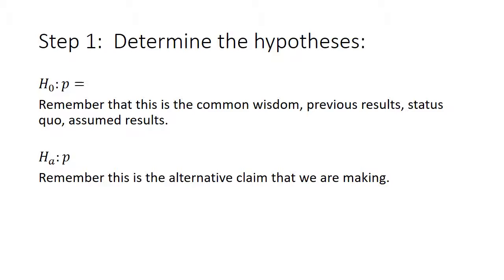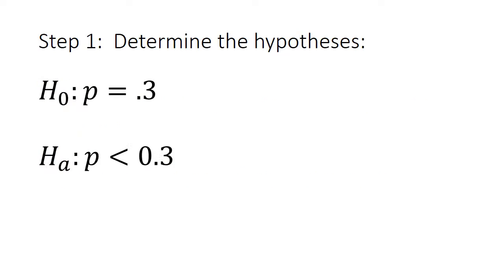That's what's already been found by somebody else. The alternative hypothesis is what we are saying that could be different. This is the alternative claim we're making, and we are testing the claim that less than 30% of teen girls smoke to stay thin. So that's our alternative hypothesis.